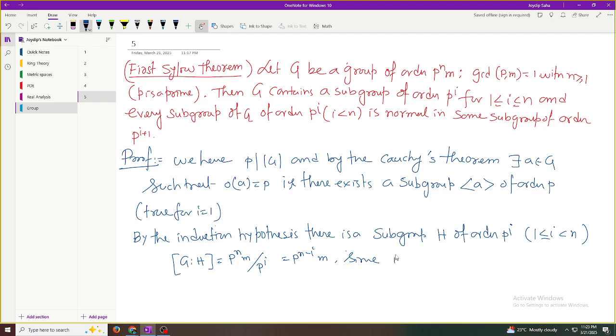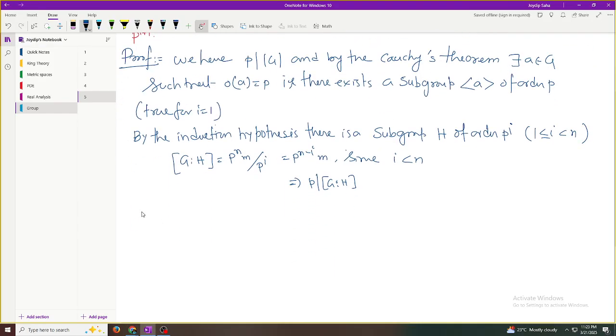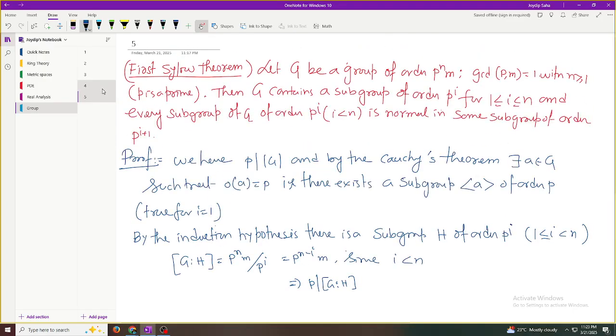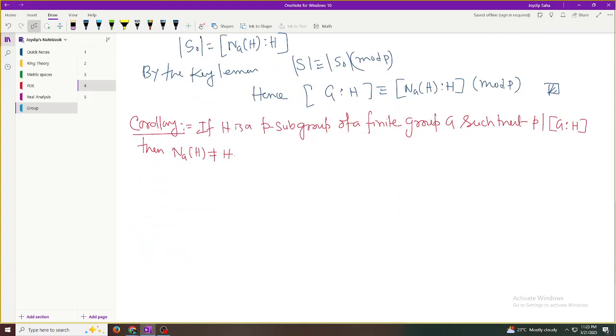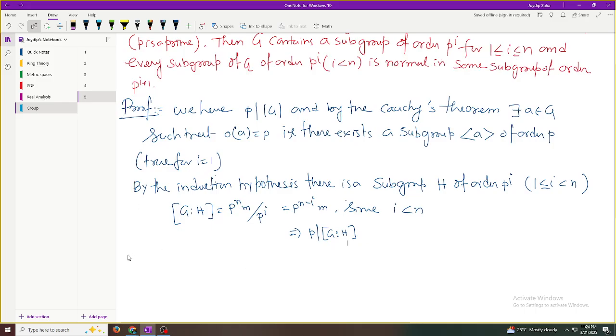Since i less than n, p divides G colon H. Therefore, by the previous result, if H is a p-subgroup of a finite group and p divides G colon H, then the normalizer is not equal to H. So N_G(H) is not equal to H.